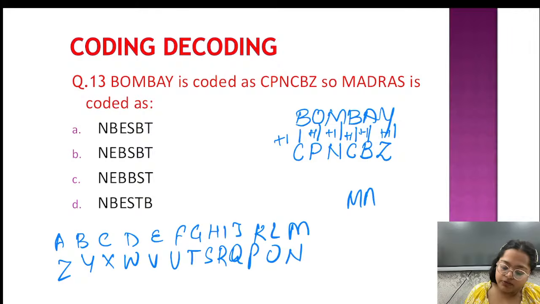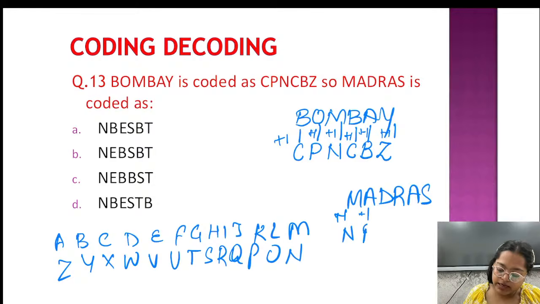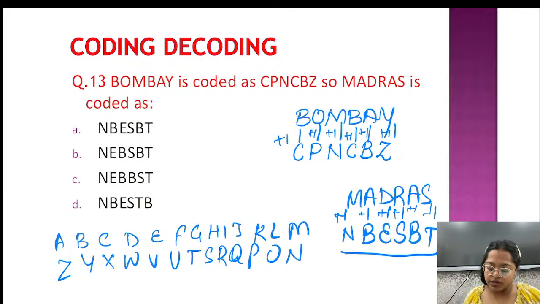Now we have to code for Madras. So plus 1 for M, N, plus 1 for A, B, and so on. So the answer would be NBESBT. Option A would be the correct answer.